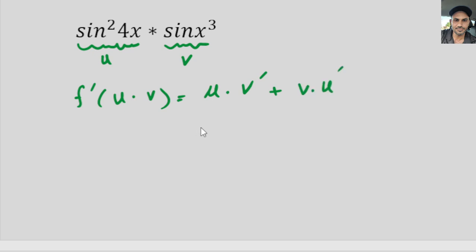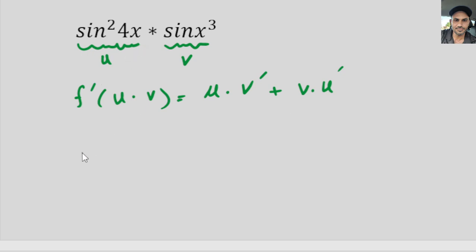Here v prime is the derivative of v, which is dy over dx, and u prime is the derivative of u with respect to x, so that would be du over dx. So I'm going to make a substitution of these terms.